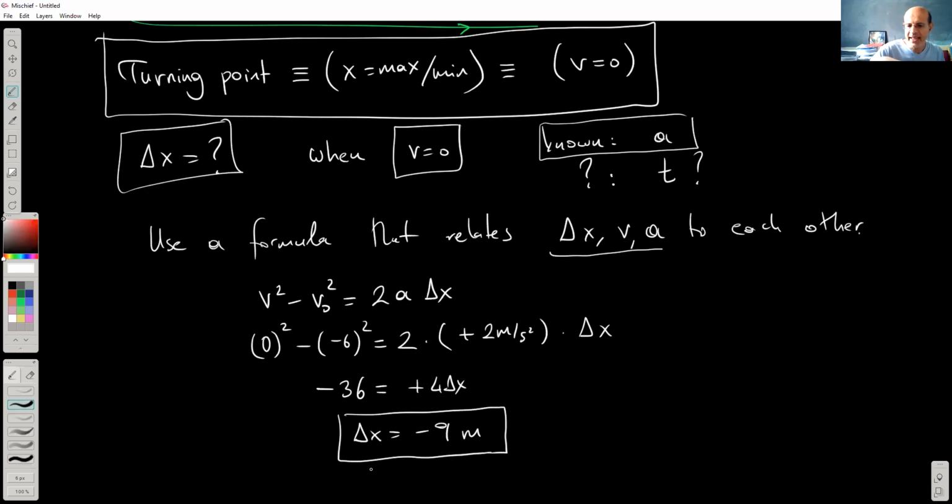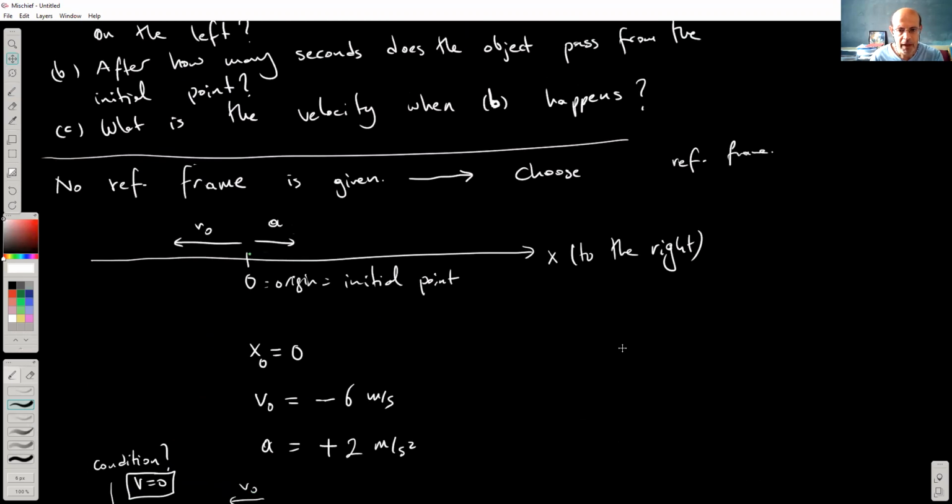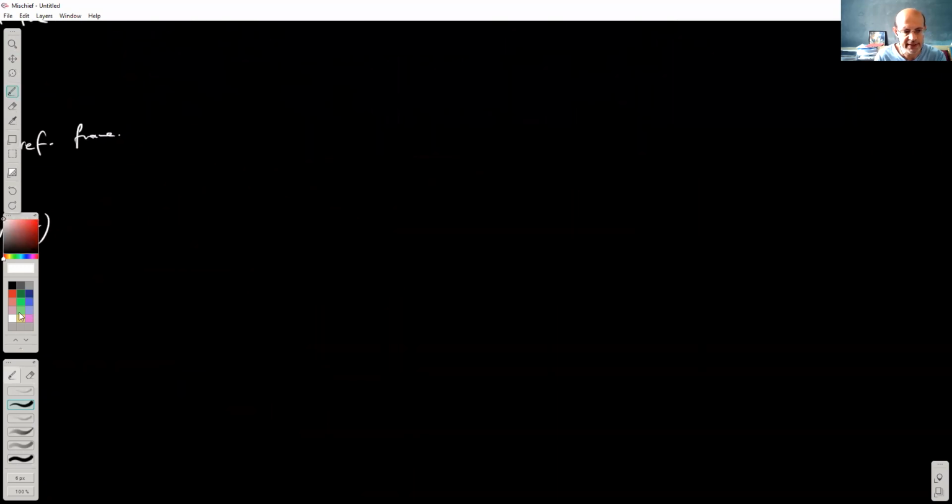Okay, before passing to parts B and C, let me solve the problem again in the way that I have promised. I'm going to choose the reference frame in the other way. I have chosen the reference frame with the x-axis pointing towards right. Now I'm going to choose it pointing towards left. Why do I do this?